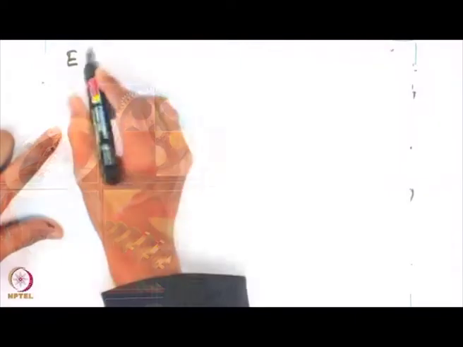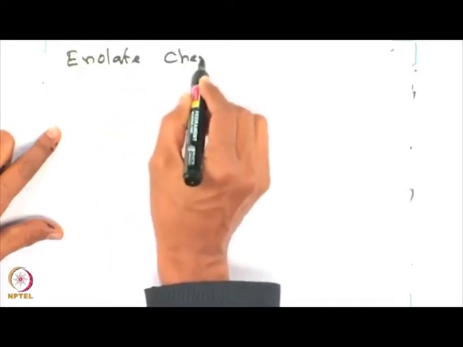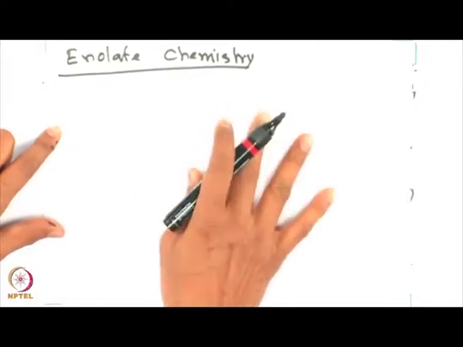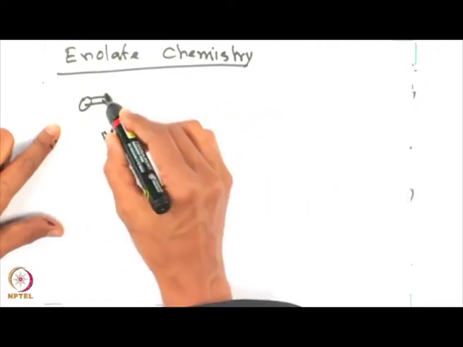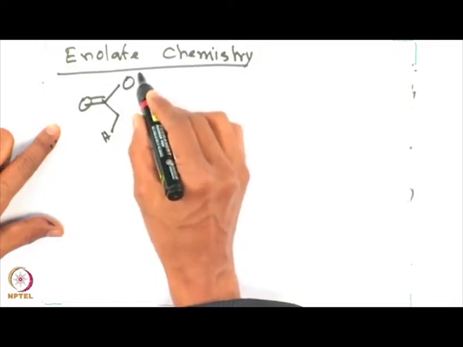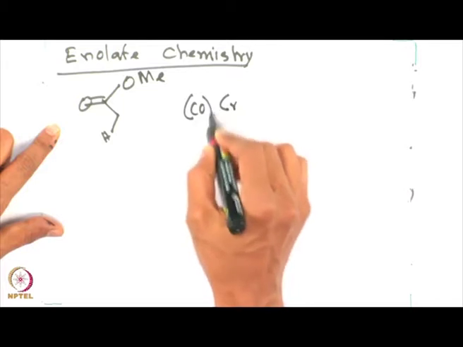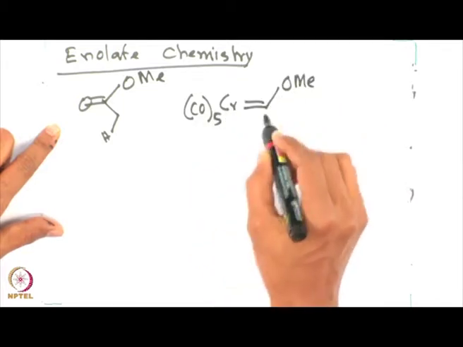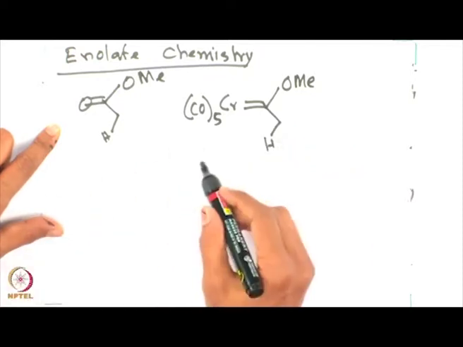So, enolate chemistry, what we have is the traditional enolate. Let us say if you want to compare this ester with chromium pentacarbonyl, this reagent that we get from the Fischer carbene.